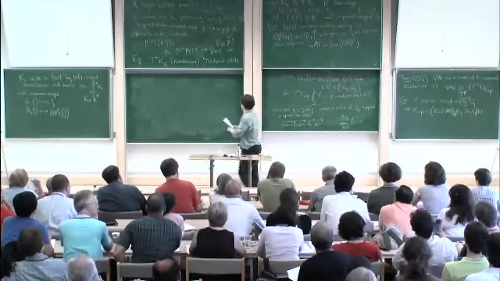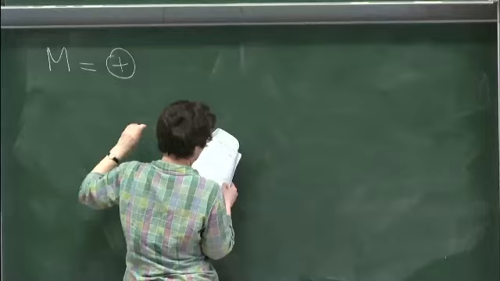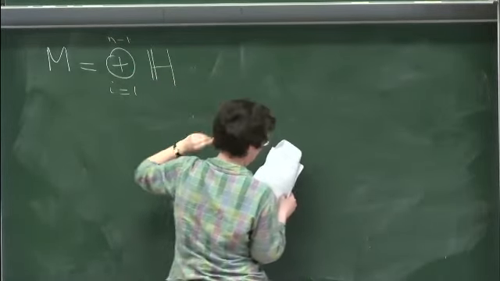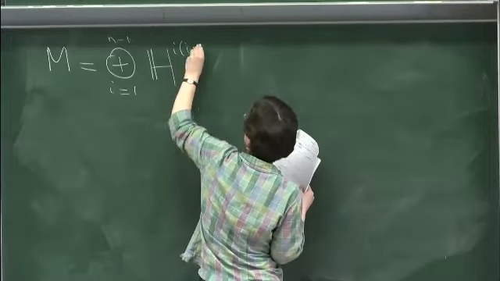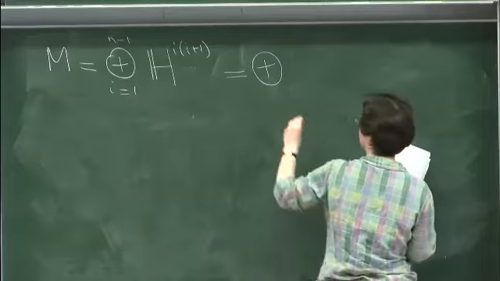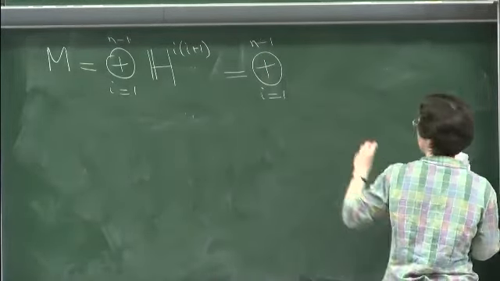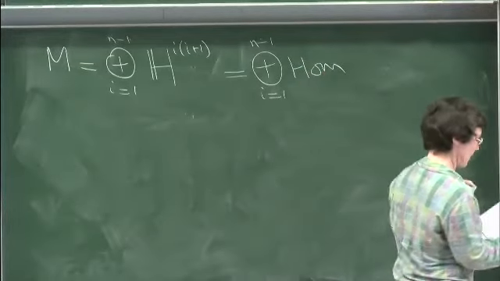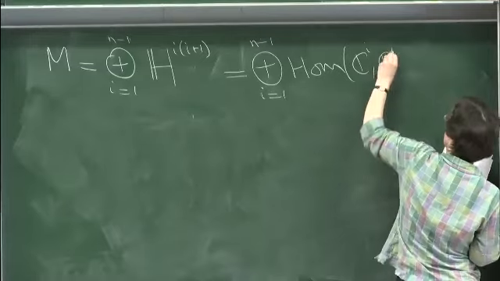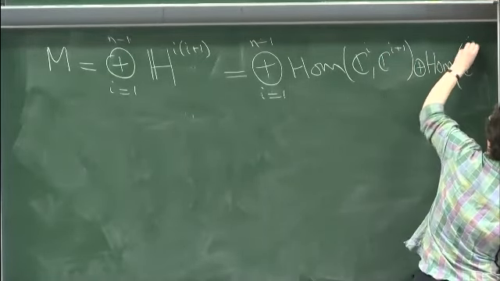And so if we write M for the direct sum, i equals 1 to n minus 1, of quaternions to the power i plus 1, if we fix a complex structure, we can identify this with the space of all these maps: the alphas going from C^i to C^(i+1), plus the betas going from C^(i+1) back to C^i.